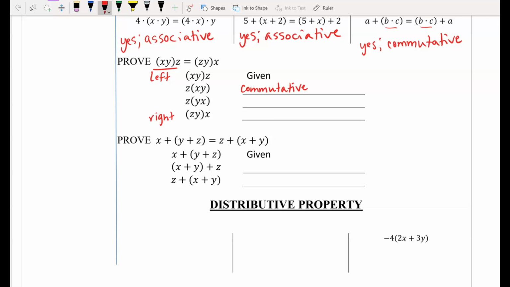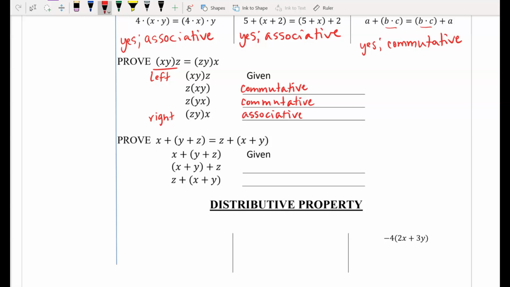The grouping has to change for it to be an associative property. But inside the group, the order has changed, so now we're using commutative property again. And then in the final step, we did change the grouping. Instead of grouping yx together, we're grouping zy together, so that's an associative property. And those reasons are how you prove.